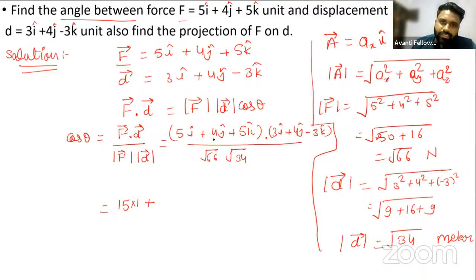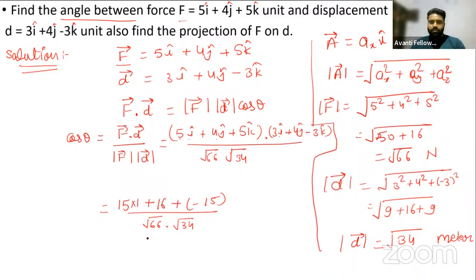So we will only take care of this 5 i cap dot 3 i cap, 4 j with 4 j, and 5 k with minus 3 k. So 4 j dot 4 j is 4 times 4, 16, into 1, which is 16, and 5 times 3 is 15, which means minus 15 is here. So we have root 66 multiplied with root 34.